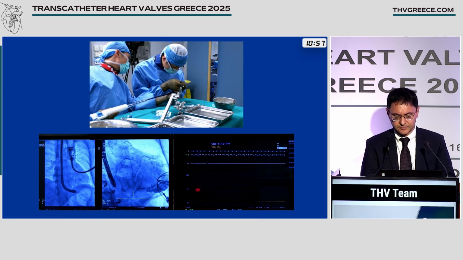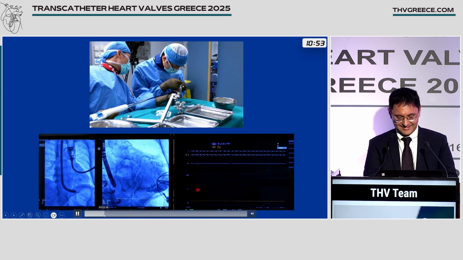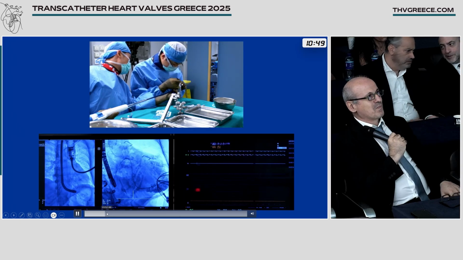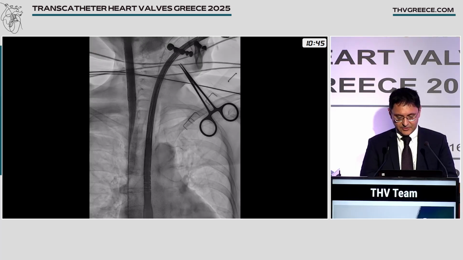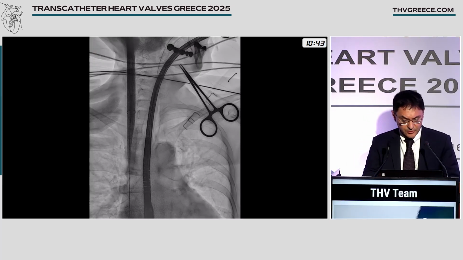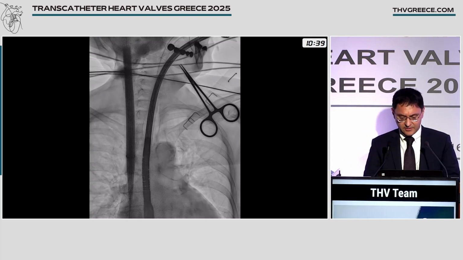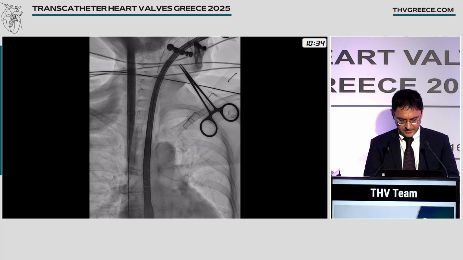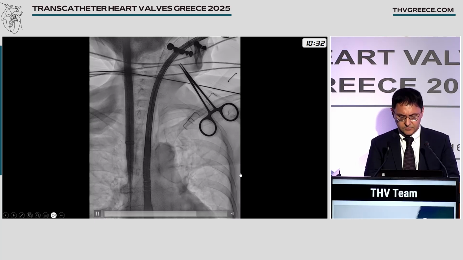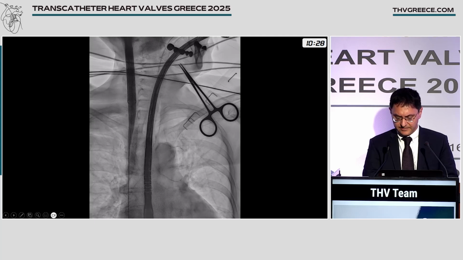There are multiple tiny nitinols that have to be pinned in specific places for the release. Here's the insertion. We pre-dilate, as we said, with 30 until 33 French of the right internal jugular vein.